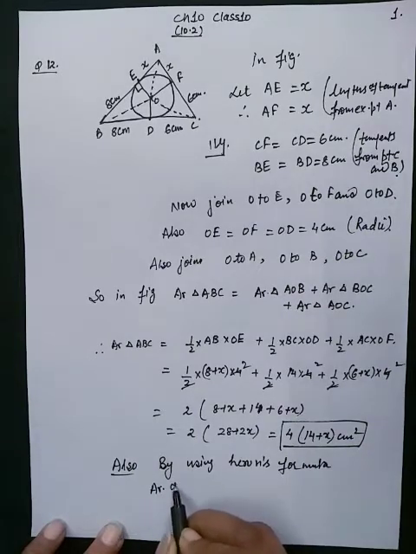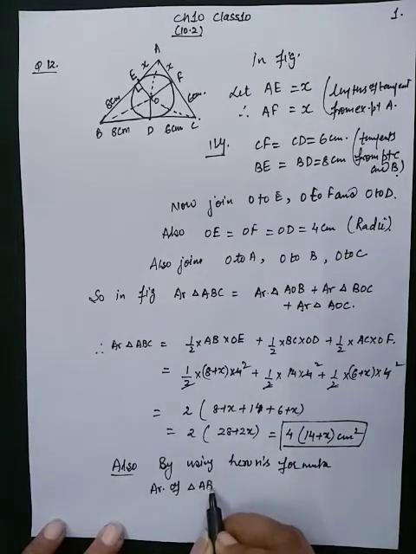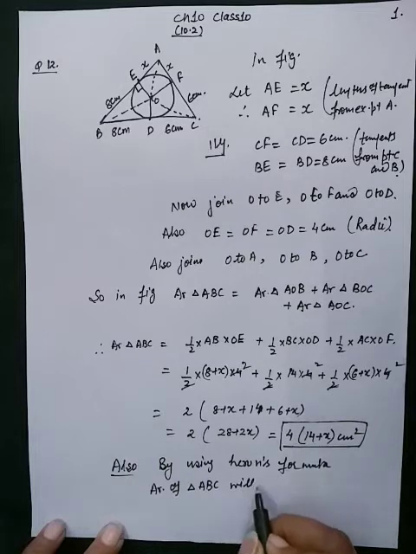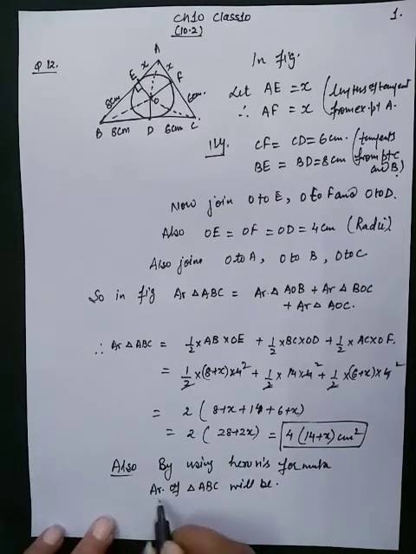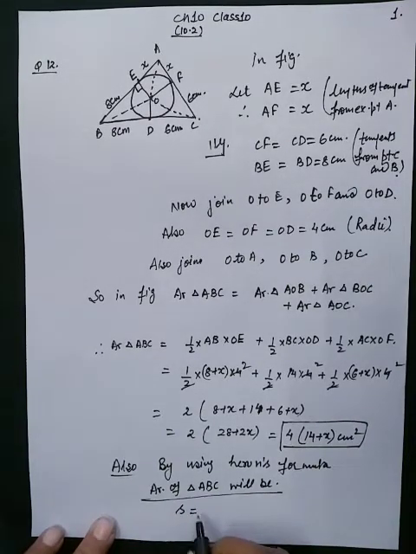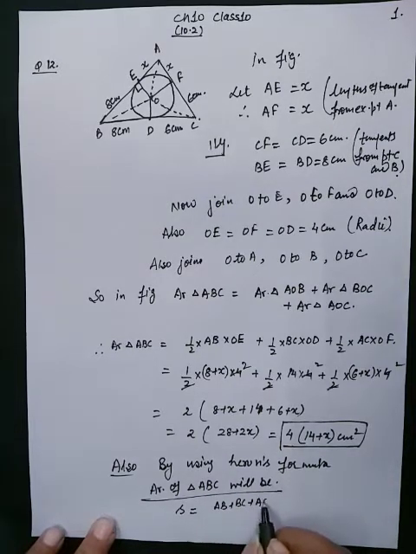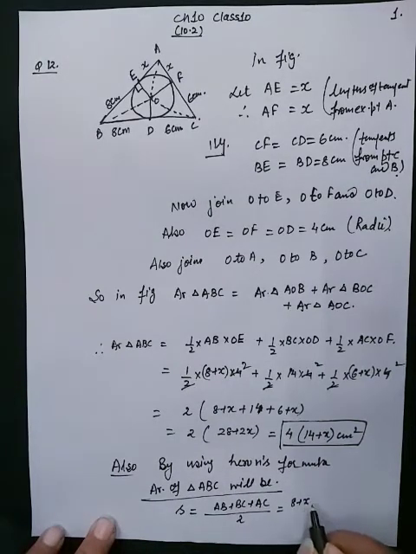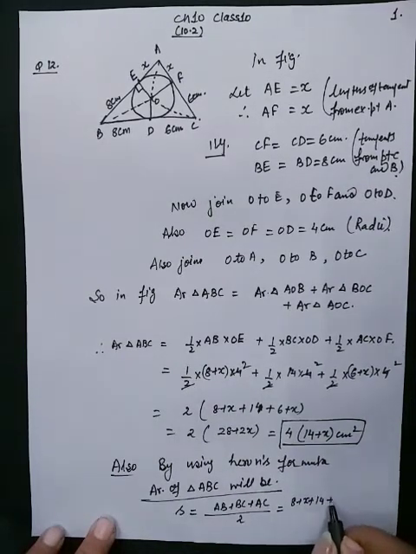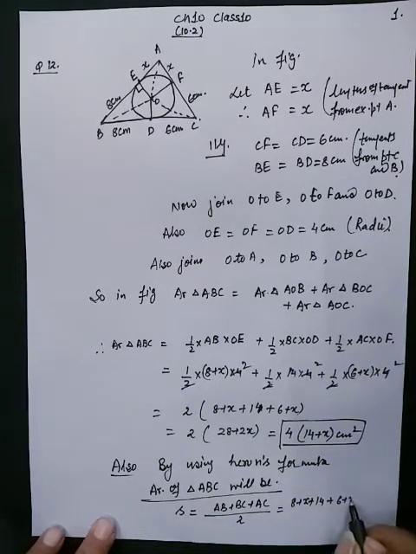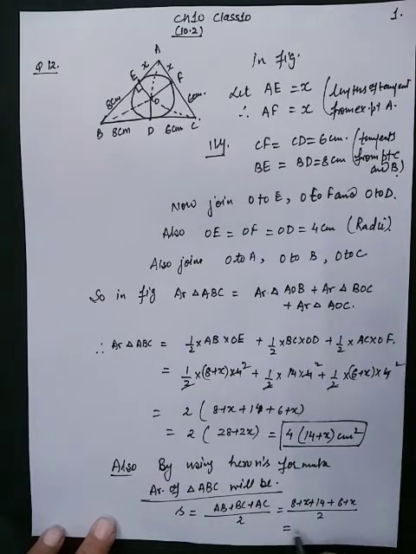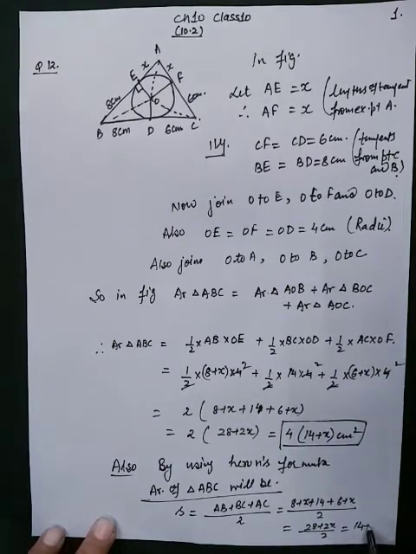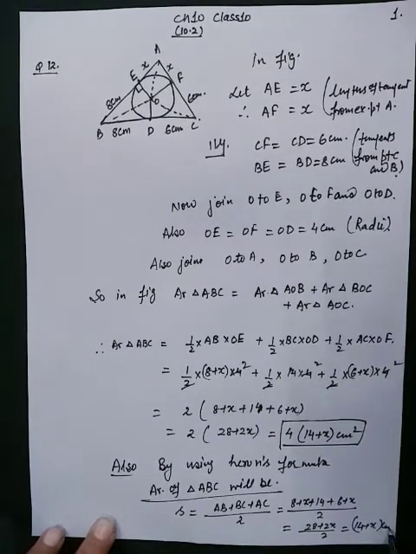Area of triangle ABC will be, first of all we have to find S. S means AB plus BC plus AC by 2, and AB is 8 plus x, BC is 14 and AC is 6 plus x, by 2. So it will be 28 plus 2x by 2, and this will be 14 plus x centimeter.